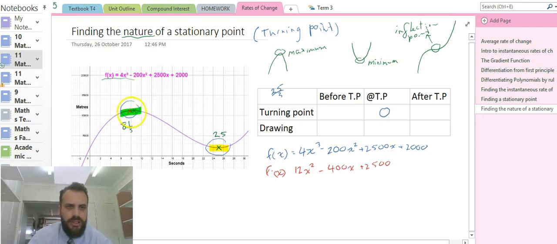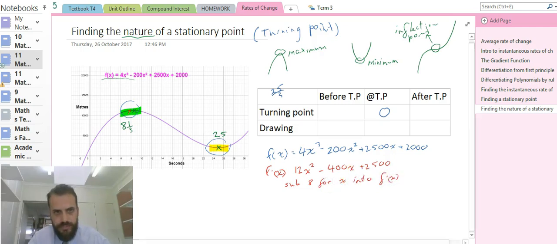Just a little bit to the left of my turning point. So I'm going to sub 8 for x into f dash x. Now I type that into my calculator and get an answer of 68. So before the turning point, the gradient is 68.